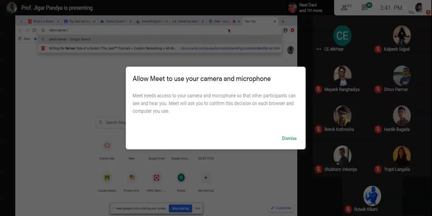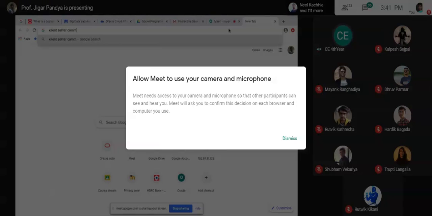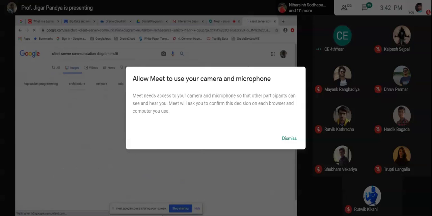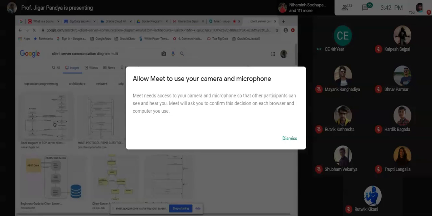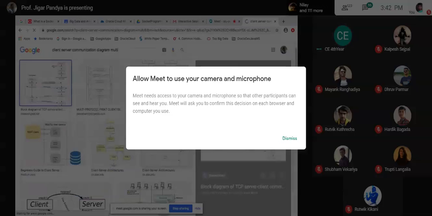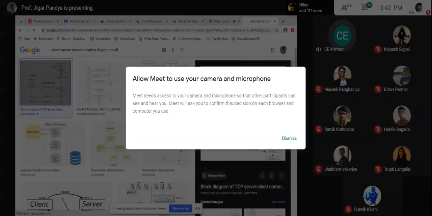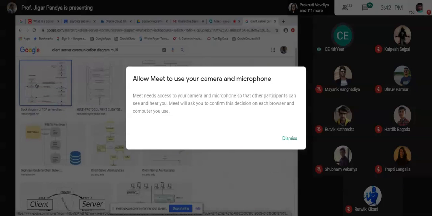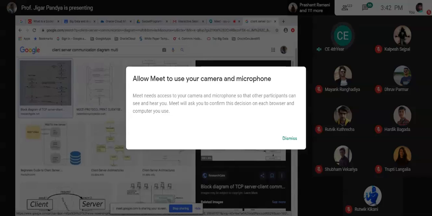Okay, I should not have done it right now, but anyways. So the diagram I'm looking for is this, for example. And it is from a third party. I am not interested in who is providing this. I just want to show you the fundamentals of how it might be working.